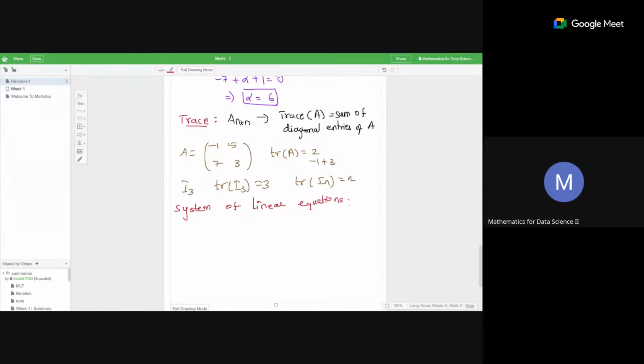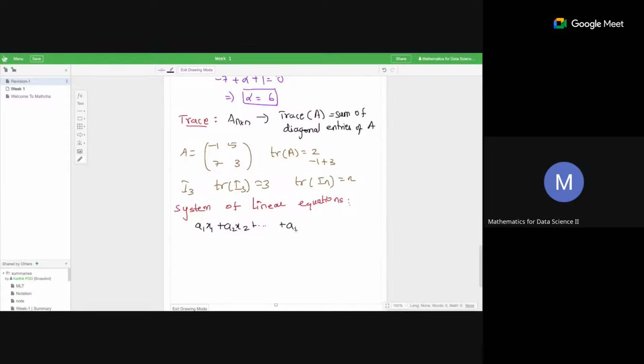So what are systems of linear equations? For that, first of all, you should know what are linear equations. Can you tell? Any equation of the form, let us say a1x1 plus a2x2 and so on.